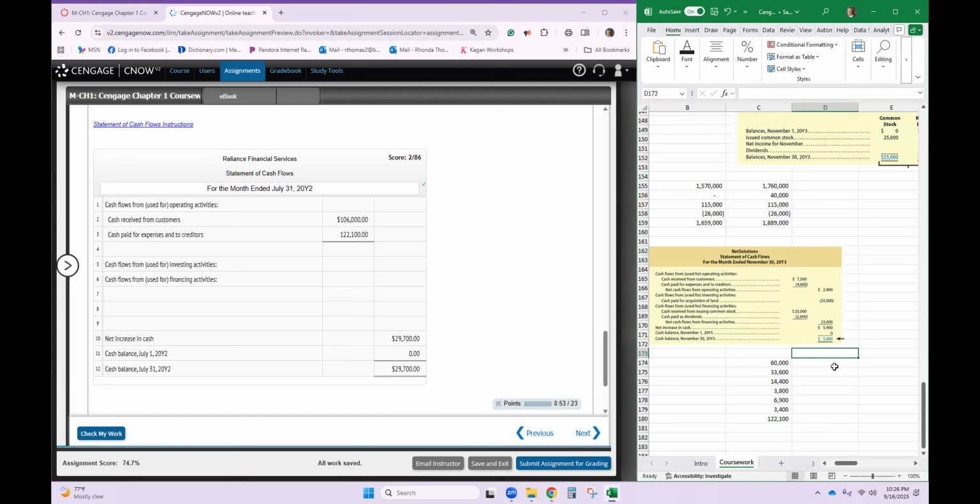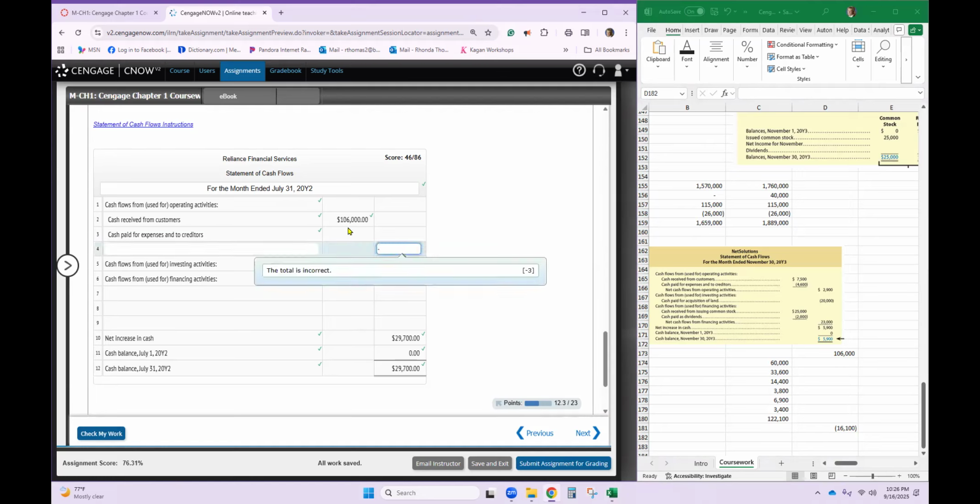So if I take 106, which is the cash received, and if I subtract the cash paid, we have a negative 16,100. Let's see if we're right. Hopefully so. Nope, that's not correct. Sorry about that. Okay, so let's see what we've got here. 106 is correct. Cash paid for expenses and to creditors.